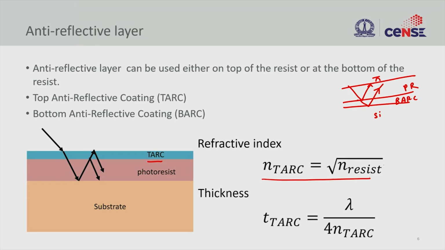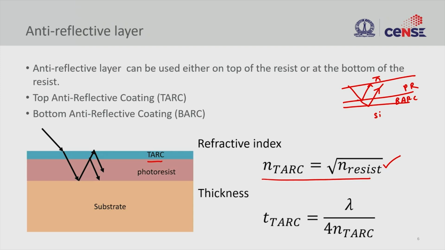So, you know the photoresist that you are going to use and the refractive index of the photoresist, and then the square root of that should be the refractive index of the coating layer, in this case top anti-reflective coating layer, and this should closely match your requirement for back reflection arrest, right.